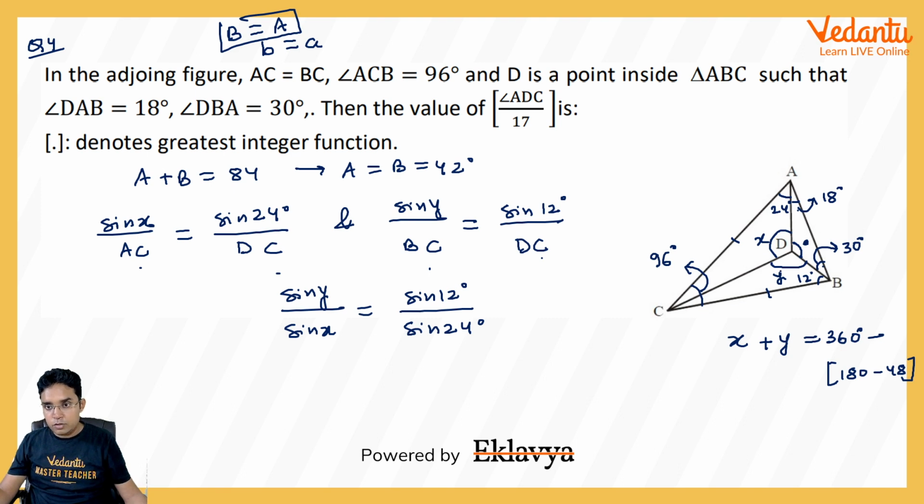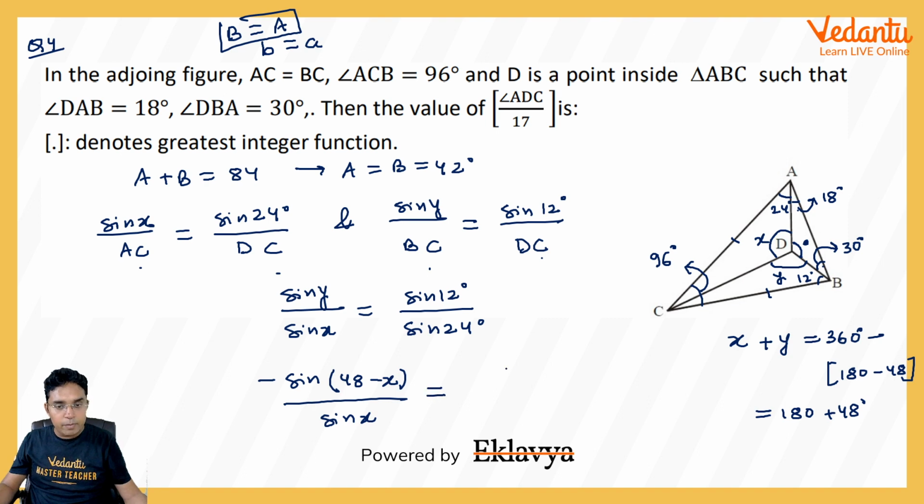So X plus Y will be 360 minus 180 minus 48, which is 180 plus 48. Now I will put Y in terms of X, and we get Y as 180 plus 48 minus X. So this can be written as minus sin of 48 minus X whole divided by sin X. I think now it should be solvable.